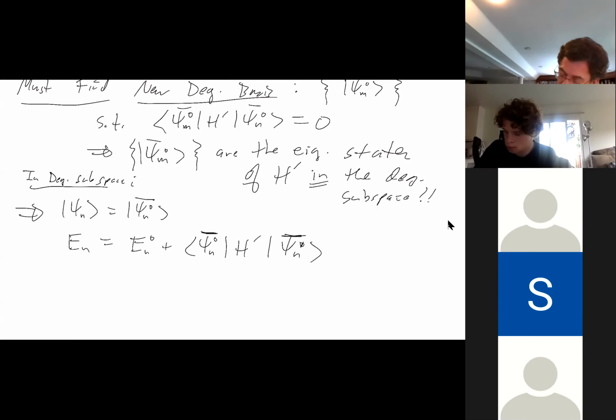So these are now the eigenstates of H prime.